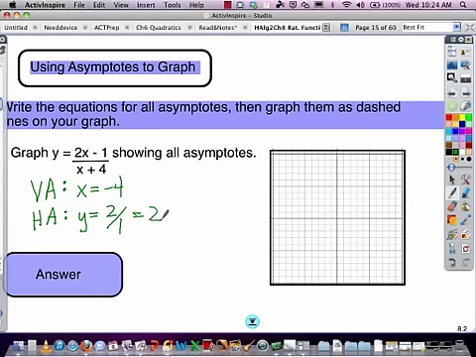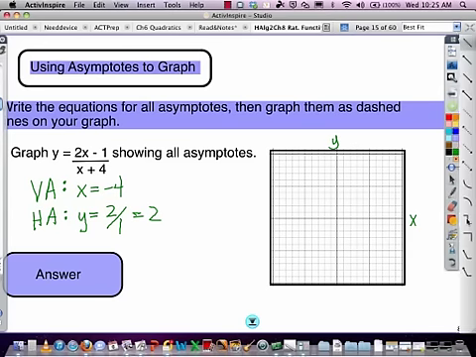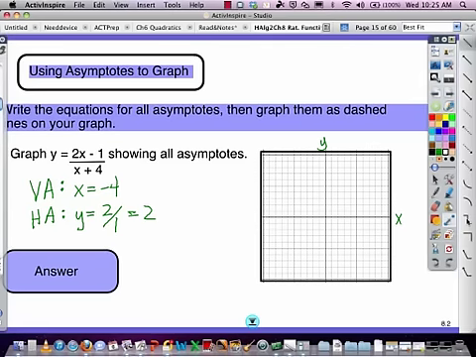So let's go over to our graph first, and let's assume this is by ones. So here's my x-axis, here's my y-axis. Assuming it's by 1, we want all asymptotes as dashed lines on your graph. So if we do dashed lines, and we do x equals -4, we're going to go over to -4, and we are going to draw, oops, I'm in white, that's not helping.